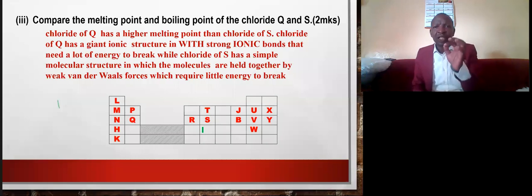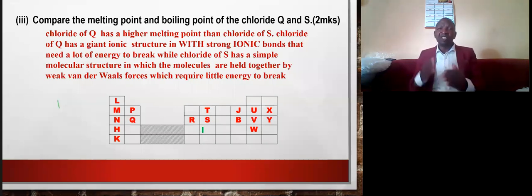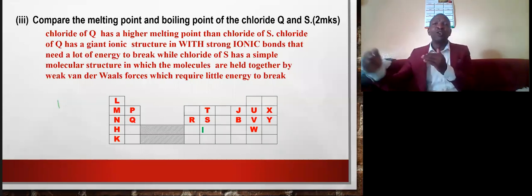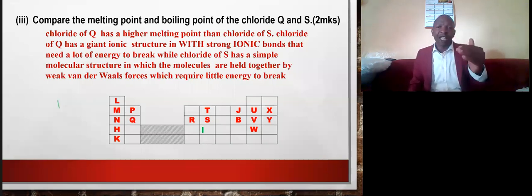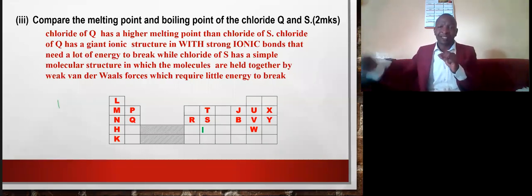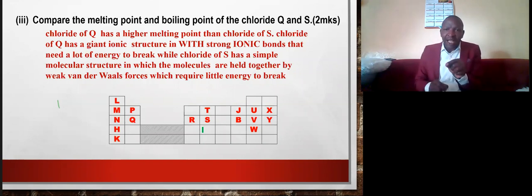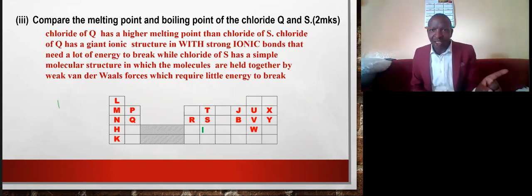Now this is the most common mistake that many students make: when you are given silicon 4 oxide and silicon 4 chloride, silicon oxide is giant atomic structure, but silicon chloride is simple molecular structure.